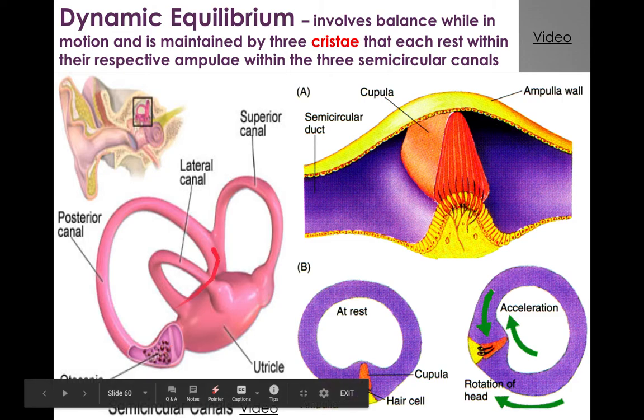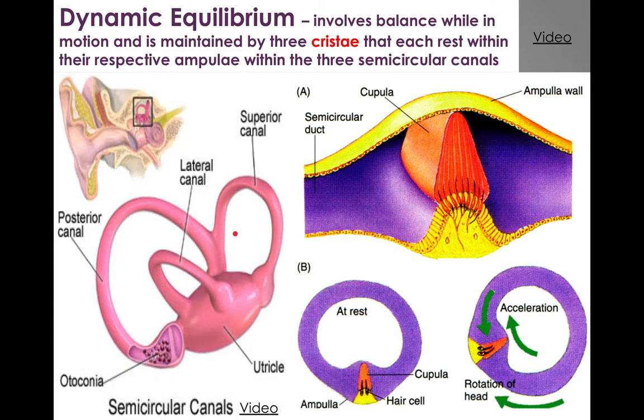Now the semicircular canals. In fact, all of the inner ear is filled with a fluid called endolymph. And in hearing, as the stapes hits the oval window, it causes vibrations to go through the cochlea, through the endolymph, so through the fluid in the ear.